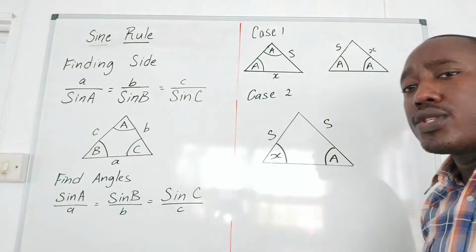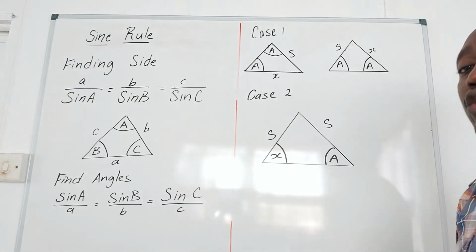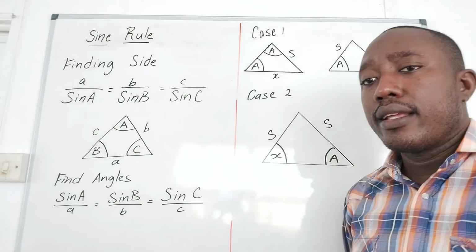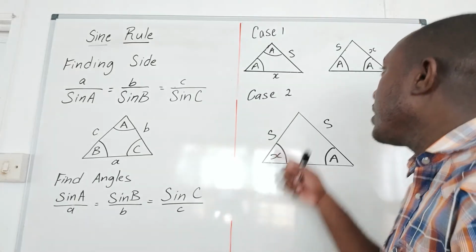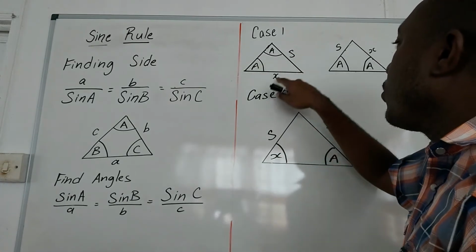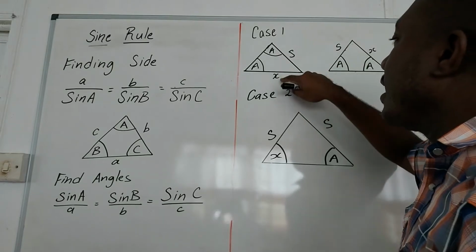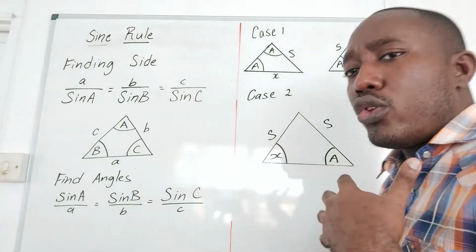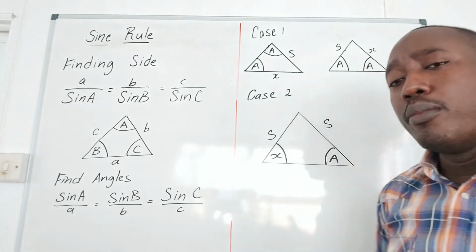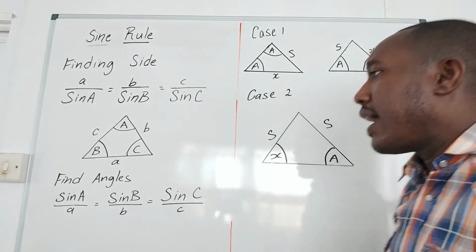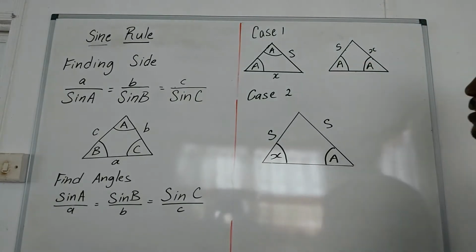When doing the sine rule, you must ensure that you have one side and an angle opposite that side. And if we are to find a side, we need the angle opposite. You must ensure those requirements are met in order for us to use the sine rule.